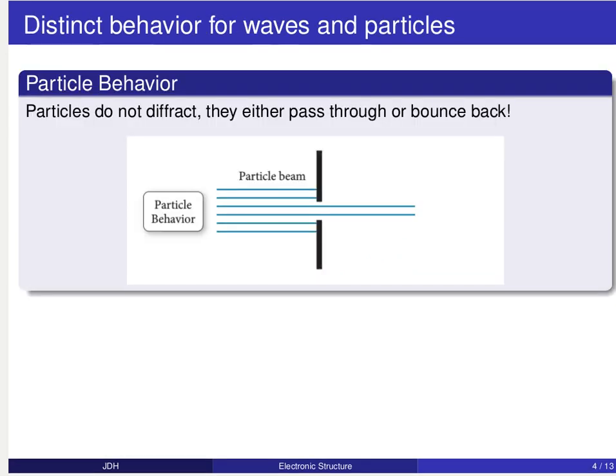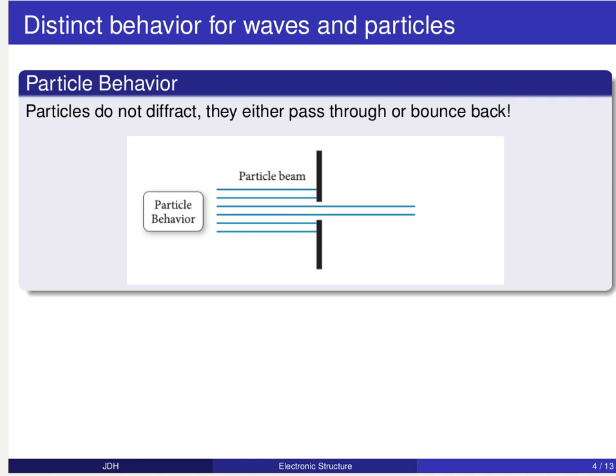If we compare this behavior to what we would expect if we had, say, particles being thrown or projected towards this slit, you basically have a situation where that particle beam, if it's coming in exactly perpendicular to the wall with the slit in it, is either going to impact the wall or pass directly through. Of course, in practice, you could get a few of them bouncing off the edges if you're coming in at a slightly different angle.